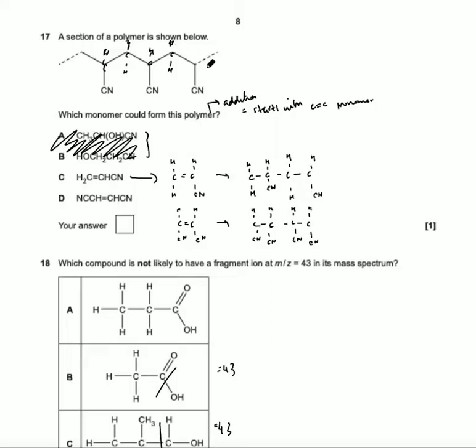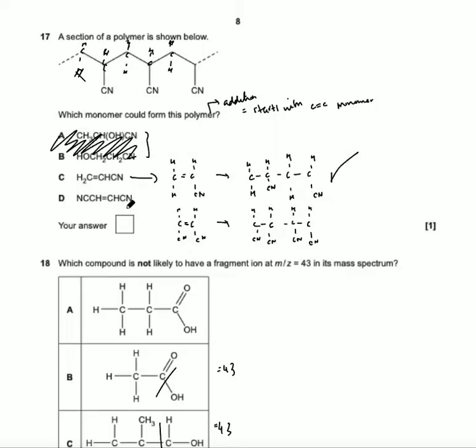So we can see that we also have hydrogen here, hydrogen here. We start off with carbon attached to two hydrogens, and then the adjacent carbon will contain a cyanide group, but the next carbon will have hydrogens, and then the next one after that will have cyanide. And so this is the answer.